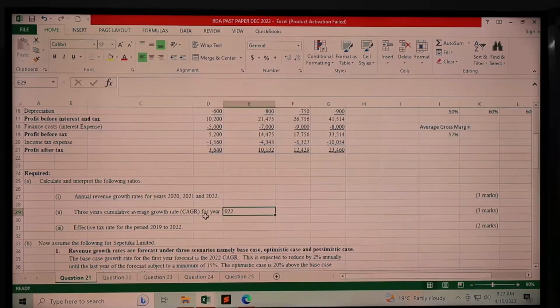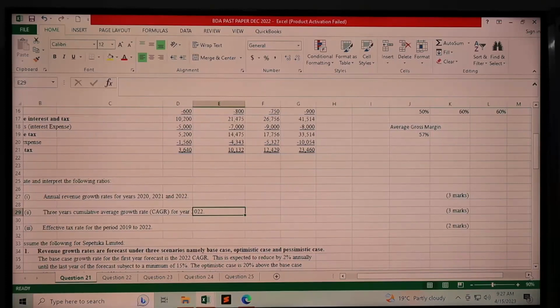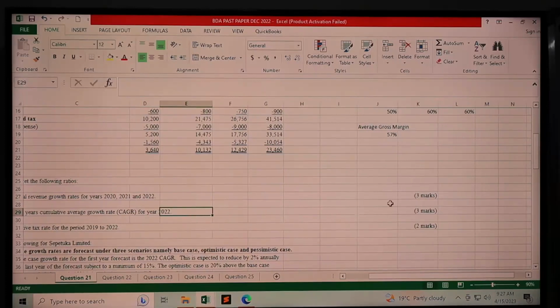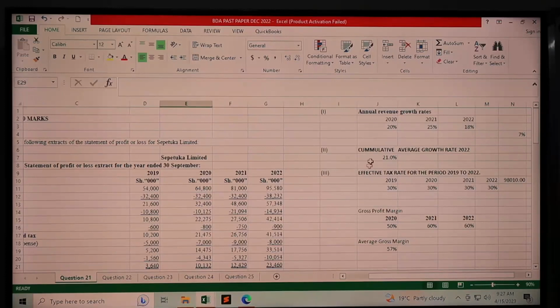So to compute this, you are supposed to check cumulative. And remember that this is not compounded, so you don't use the formula for compounded. Cumulative just means you're supposed to get the average of these 3 and you compute here.